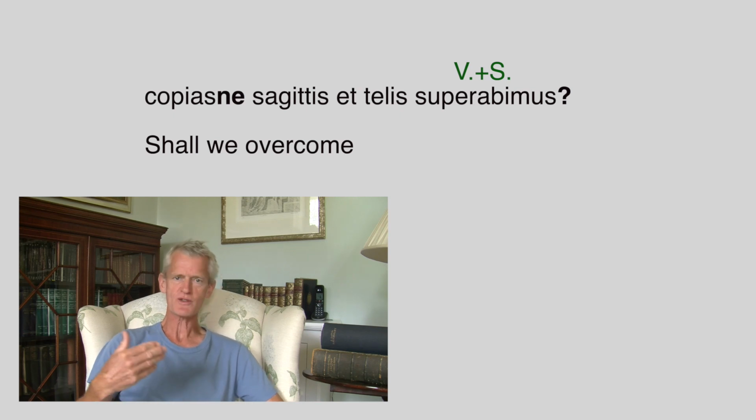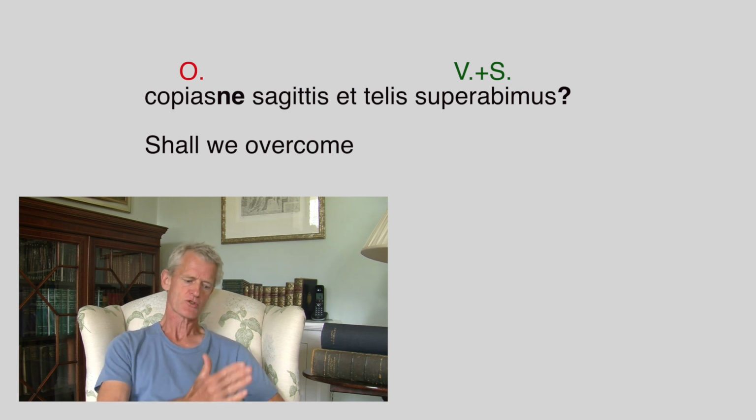Just because the very first word in our sentence had ne on the end, it doesn't mean that your rules of how you translate Latin sentences go out of the window. So, copias is an accusative plural, and then it's had ne put on the end of it. Now the Latin word copiae, always found in the plural, which is a bit peculiar, means the forces, as in military forces. So, copias is the forces, but they are the object.